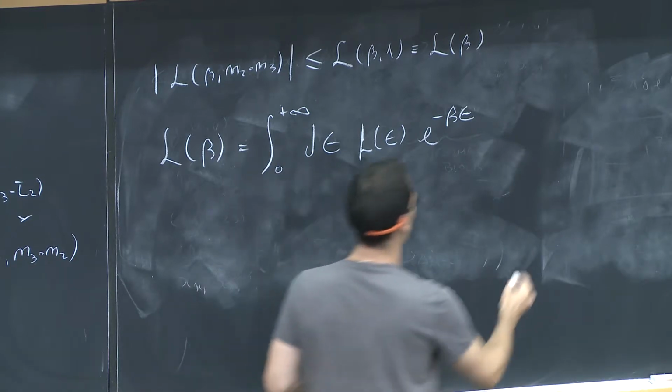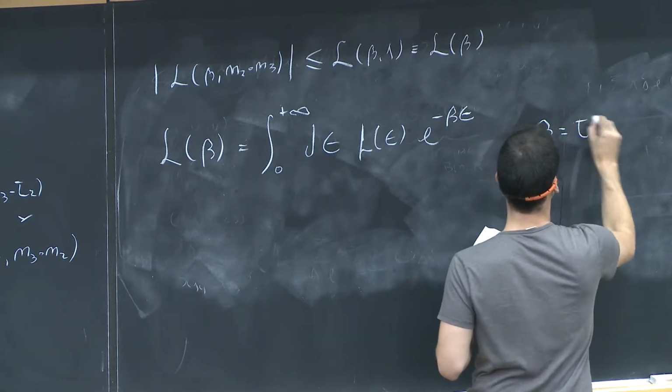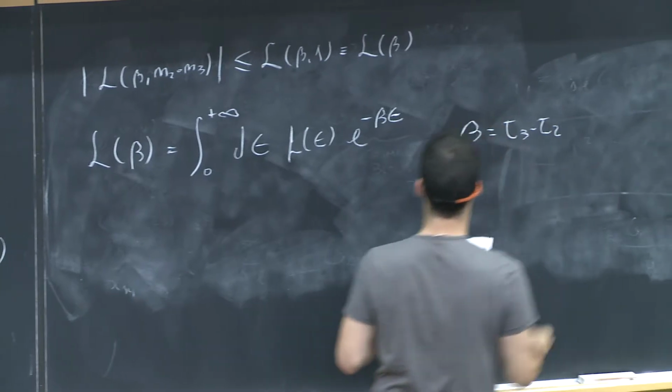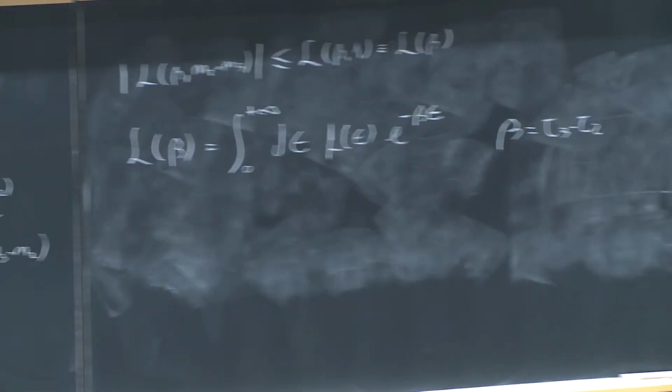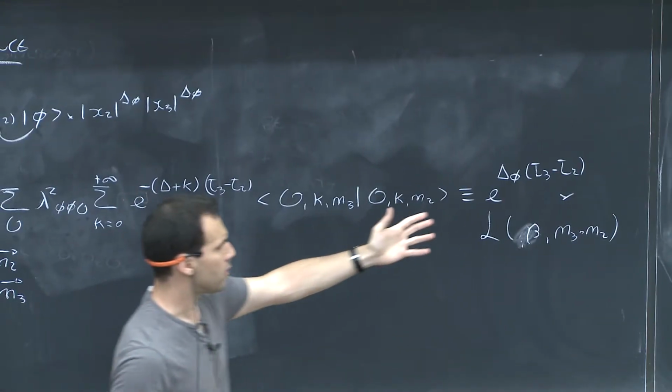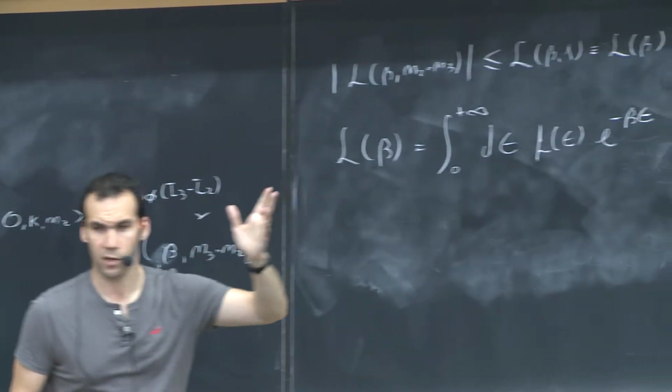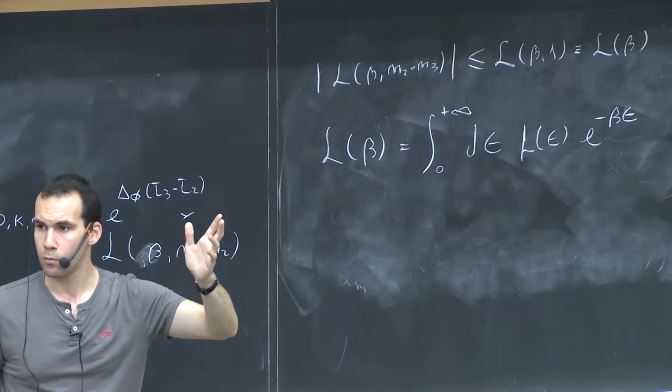Okay. So here you had some discrete sum, and you can think of this f as some sum of delta functions, okay, with positive residues.